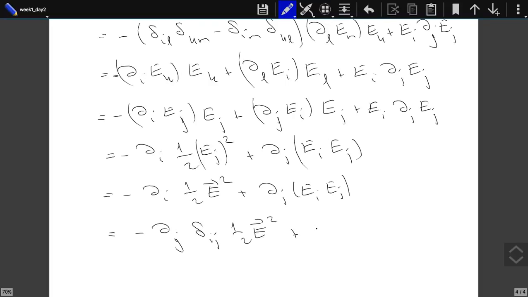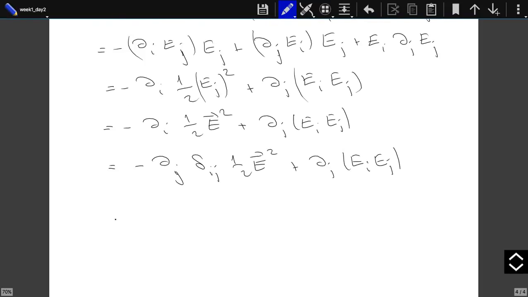Plus del J of E I E J. This is equal to minus derivative with respect to x j of Kronecker delta I J of 1 over 2 E squared minus E I times E J.